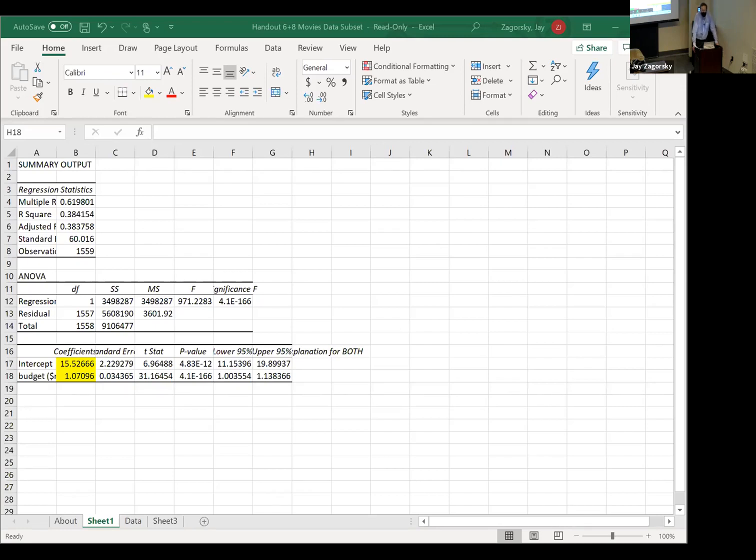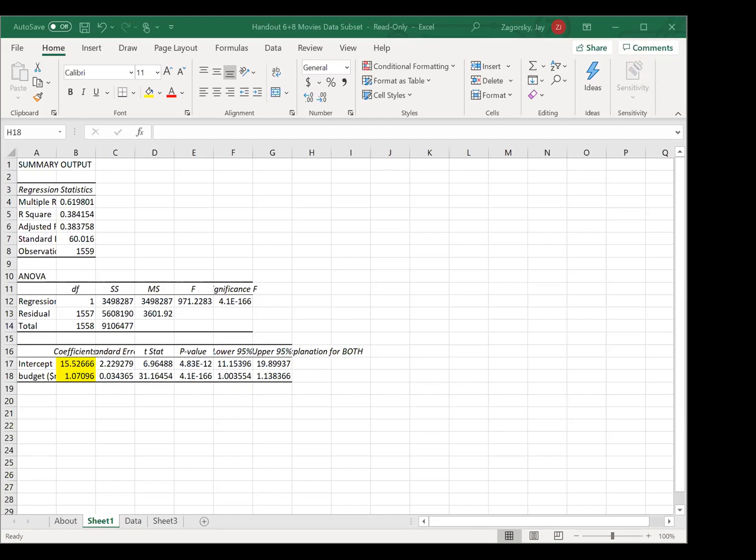I'm going to ask breakout room 2 to tell us what the constant means. And then breakout room 3 is Ashley, Christopher, Kate, and Harry. So I'm going to ask you to tell us what the coefficient on budget means. All right, so we have a volunteer from breakout room 2. Tell us what the intercept tells us.